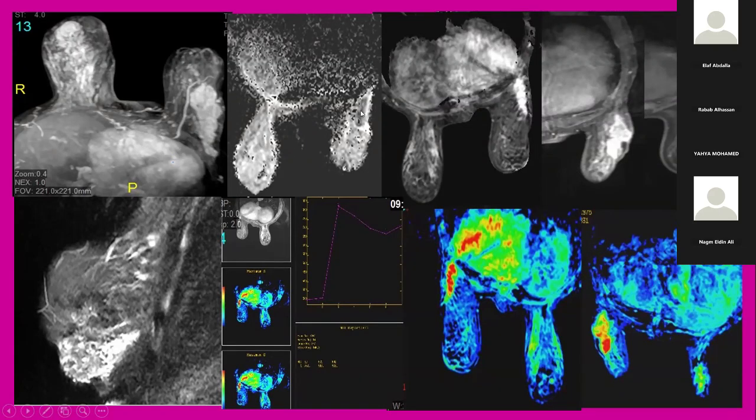Here it is low on ADC, denoting that on diffusion weighted imaging it is restricted. Yes, it is restricted in diffusion.